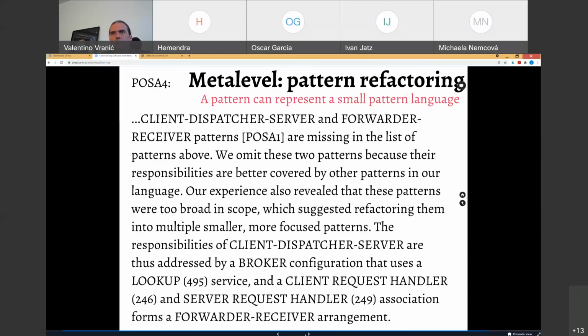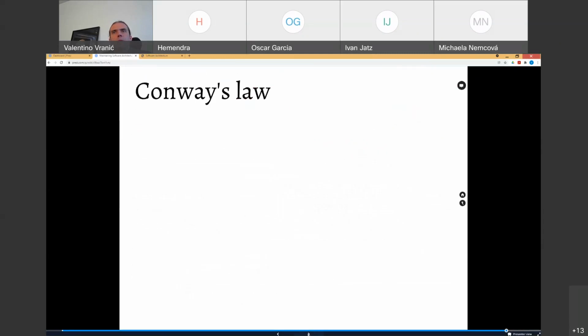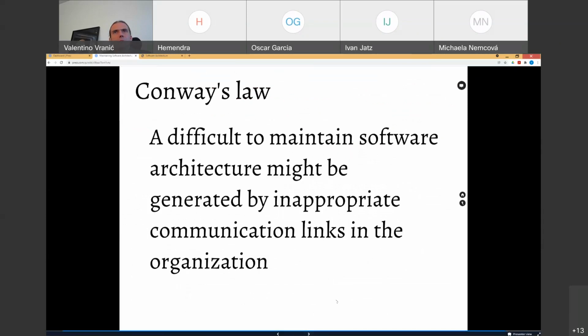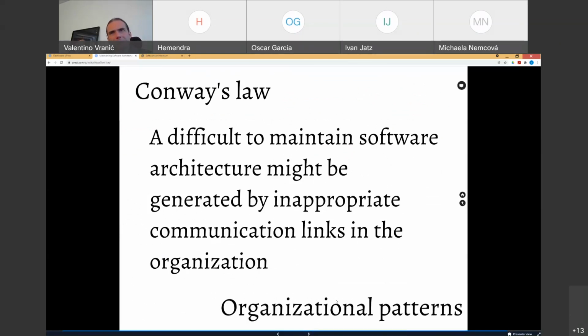So I should go on from here to Conway's law. Conway's law, as you recall, is about how people are reflected in software, and this means that using organizational patterns and changing the organization that develops software will affect the architecture of that software.